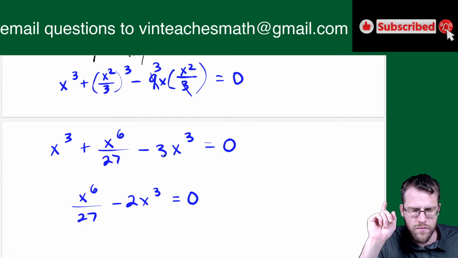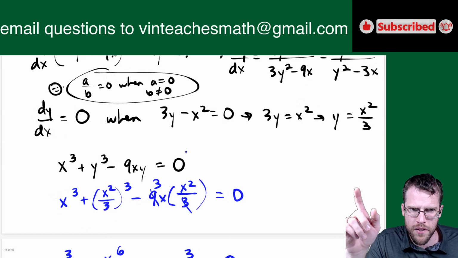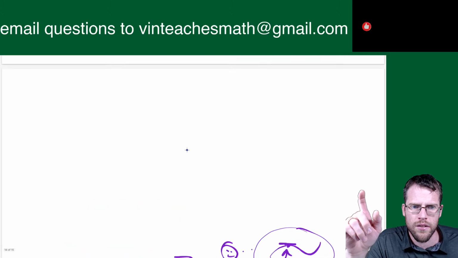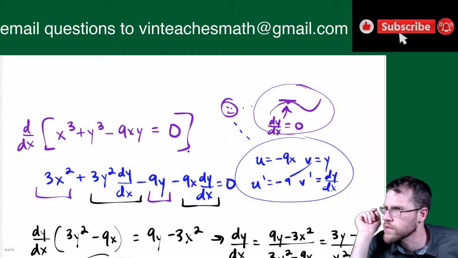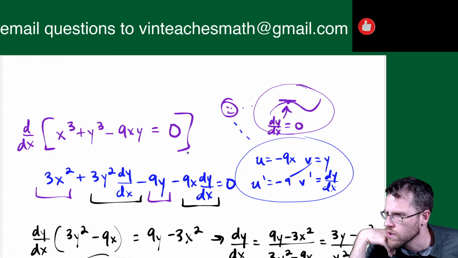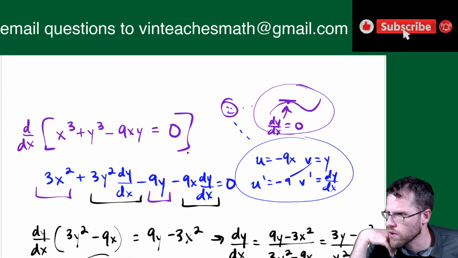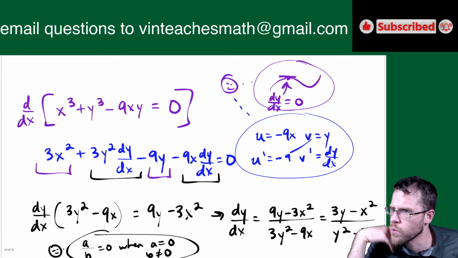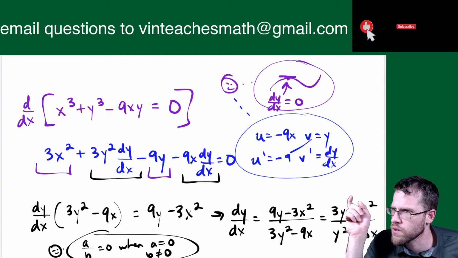Now, what we gather from this is we also have to think about, in this question, when x equals 0. We can't say the point 0, 0.